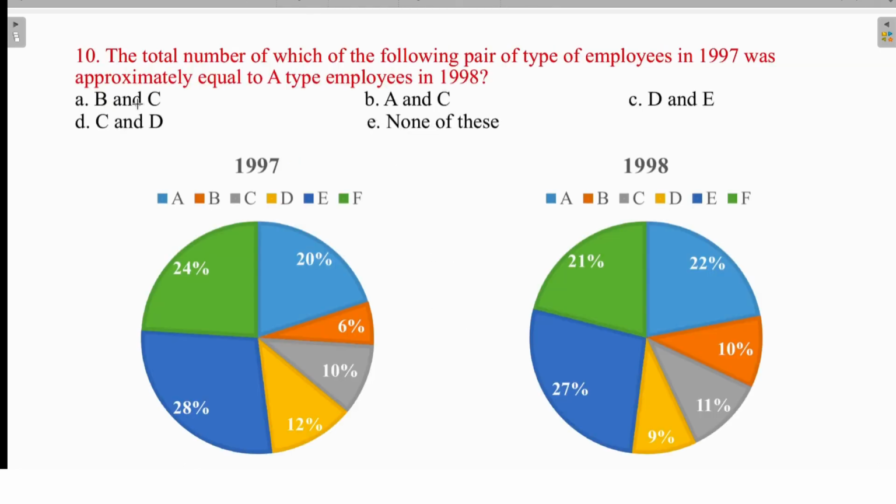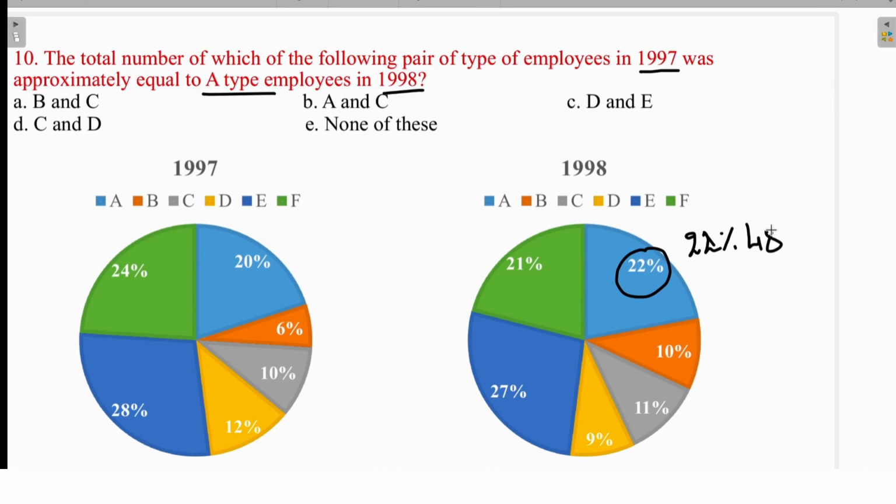See this one more question. The total number of which of the following pairs of type of employees in 1997 was approximately equal to A type of employees in 1998? So A type of employees is 22 percentage of that number, so 22 percentage of 48640.